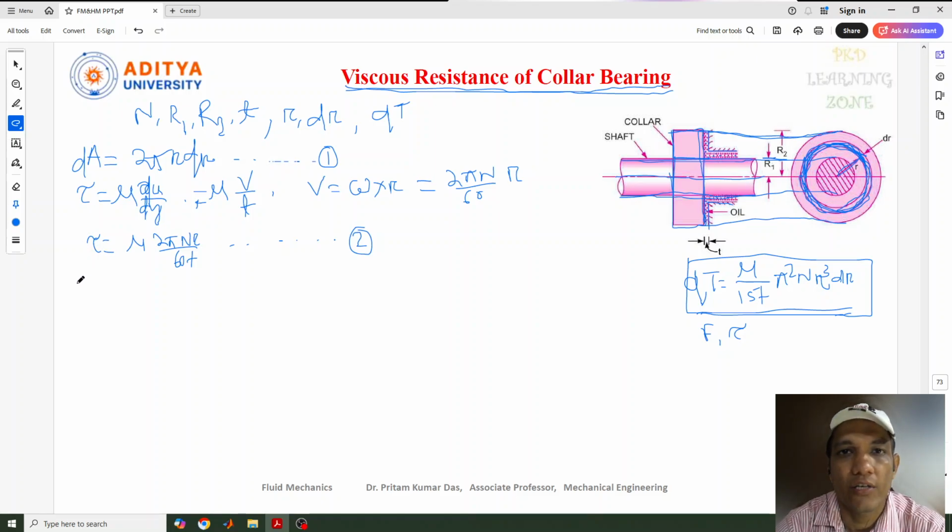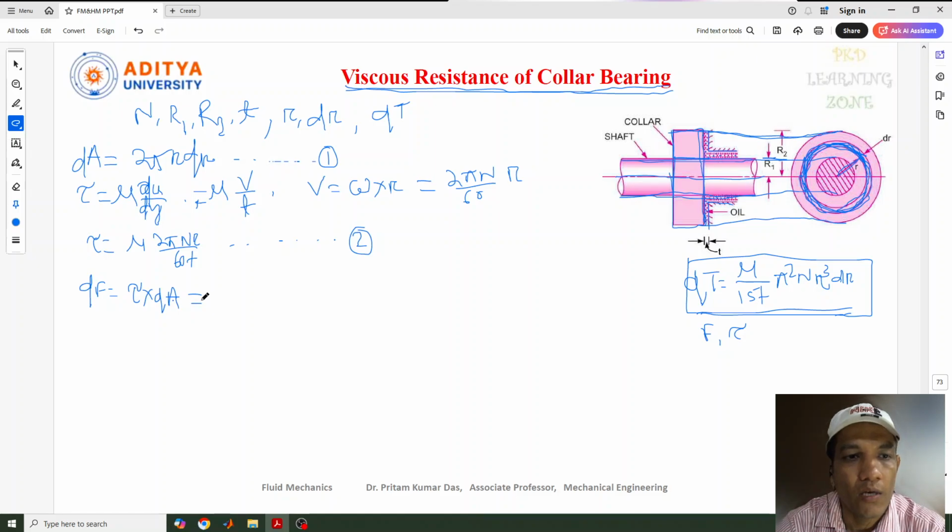Now we need to find out the shear force. We know that shear stress equal to shear force by area. So shear force, I can write dF equal to shear stress into dA. If you put the value of tau and the dA value, this one I have already derived in the previous video if you have seen. Again I'm repeating that.